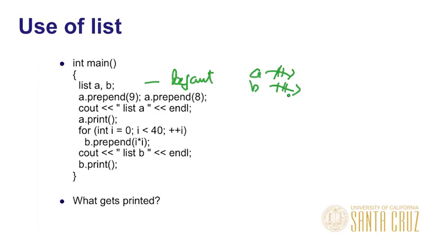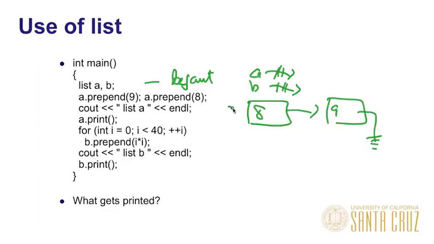Now we do a prepend, and then we do a further prepend. And if we were to follow the logic, at the end of this prepend, we're going to have 8 and 9. 9 is going to be grounded, and A, or the header of A dot H, is going to point at the first element, which is now the element storing 8.